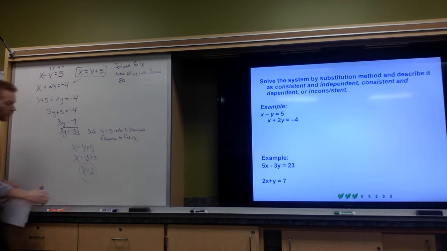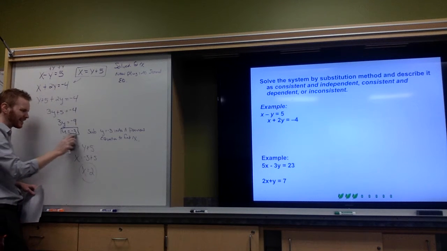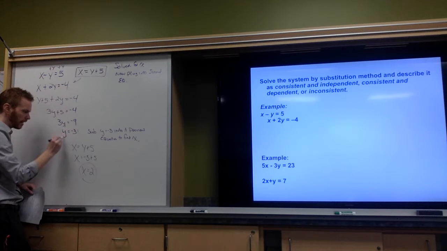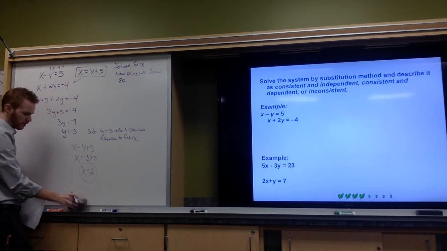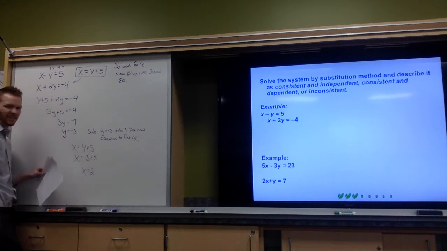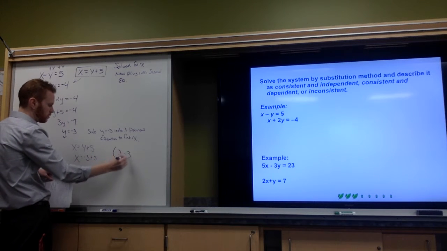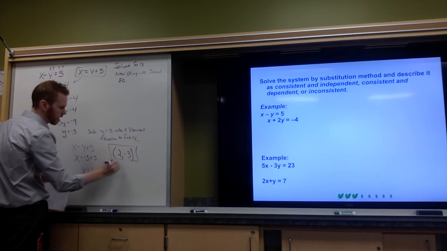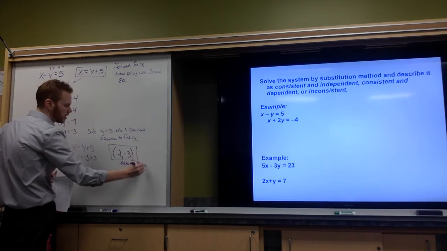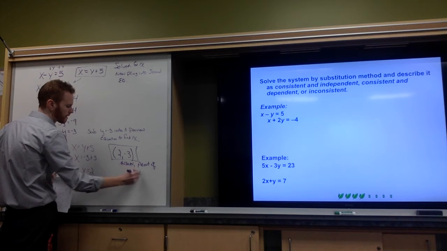So my answer, now here's the deal. I'm going to erase these boxes and the circle, and the reason why I'm doing that is because it's not really the answer. So my solution would be (2, negative 3). That is my answer. This is the point of intersection.